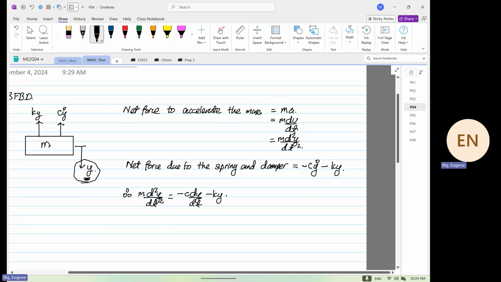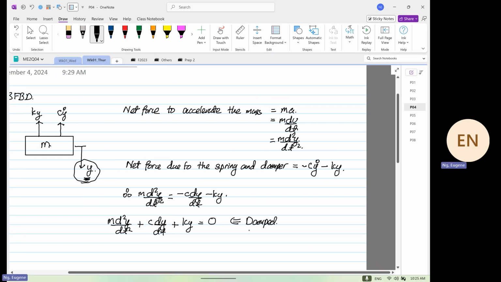So finally, for an unforced damped system, you have m d squared y over dt squared plus c dy by dt plus k y, the whole thing equal to 0. For this expression, it is damped.